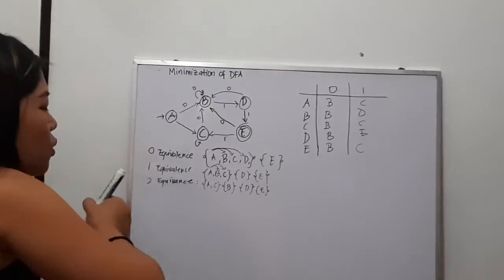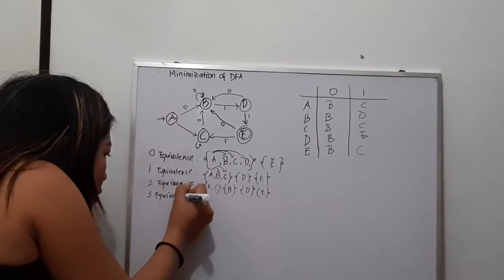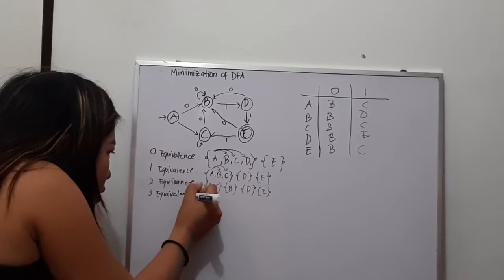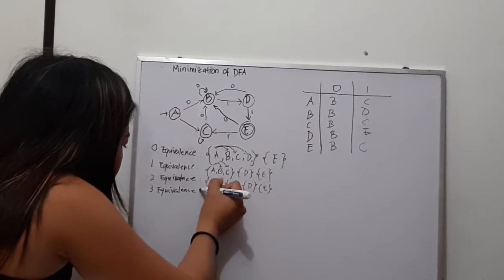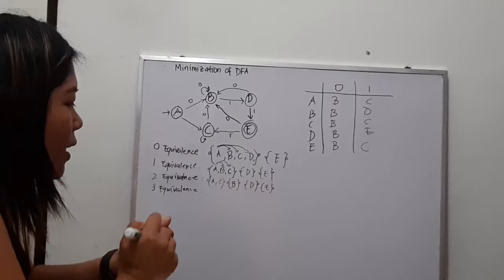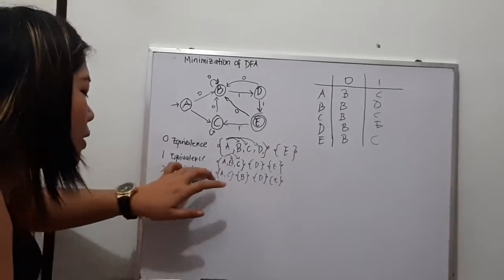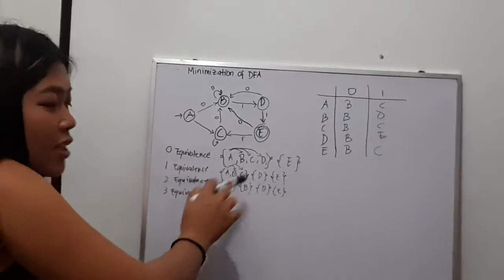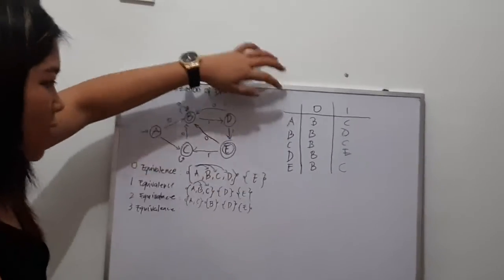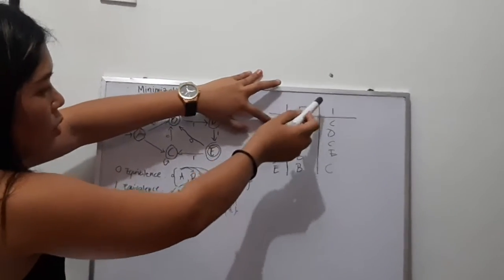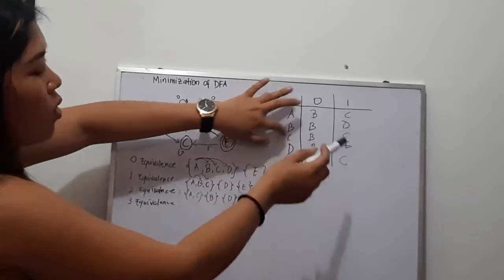Let's now proceed to three equivalents. For three equivalents, we have to check in this row of two equivalents if A and C fall into the same set again. So let's check A and C here in the transition table. A given input 0 goes to B, then C given input 0 goes to B, no problem.